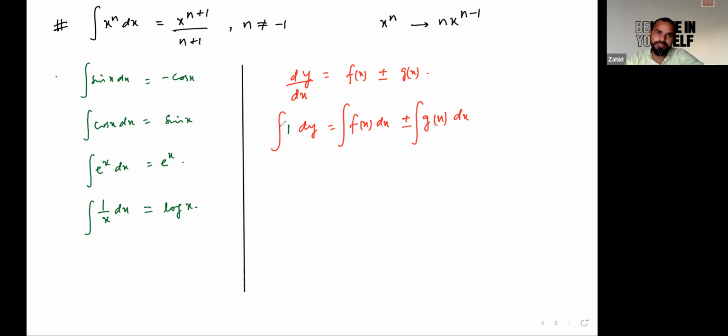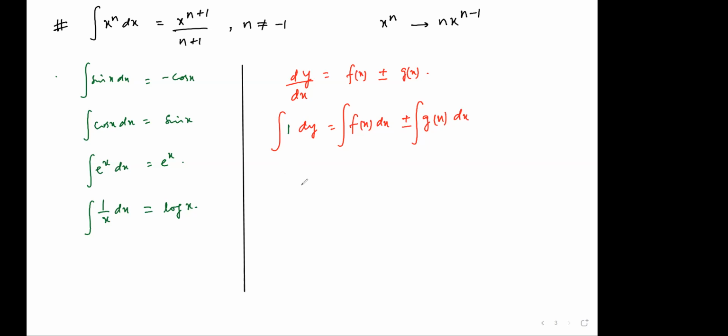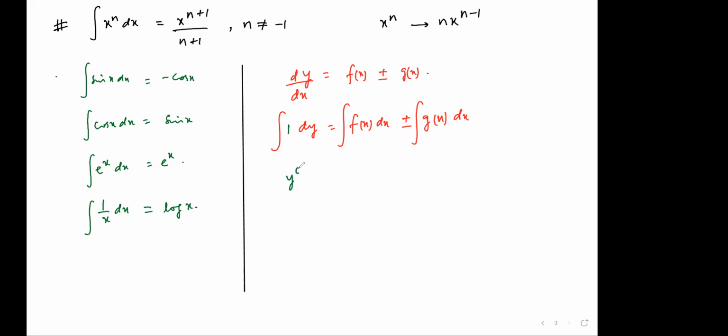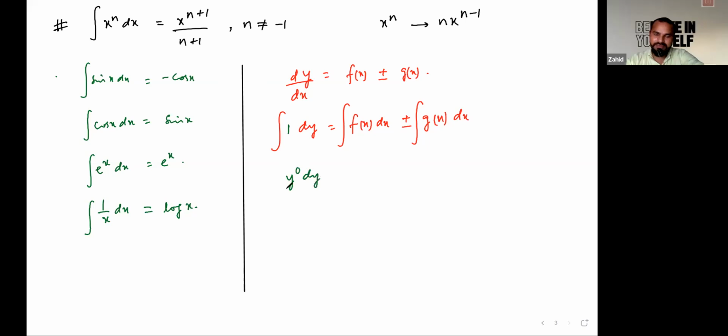I can write this, and 1 can be written as any number to the power 0 times dy. So integrate this function this way. It will give you y raised to the power 1 plus 1 divided by 0 plus 1, so it will be nothing but just 1.